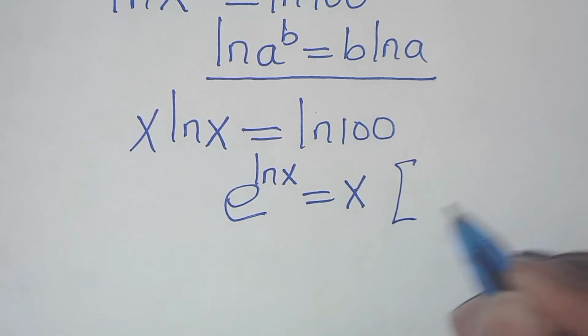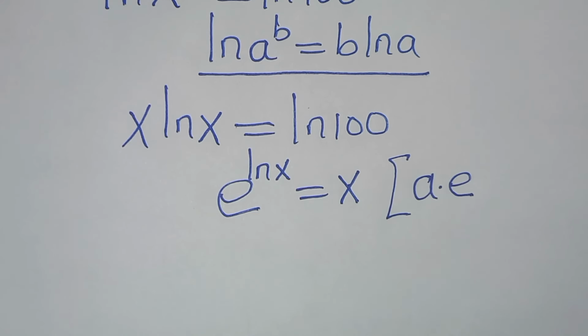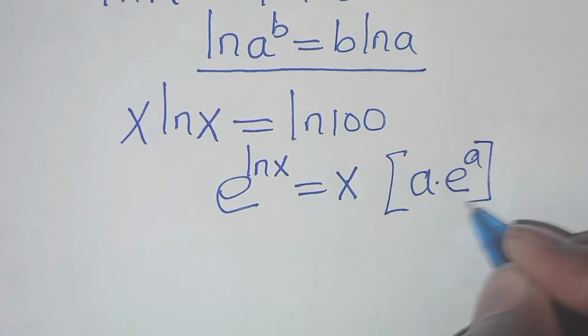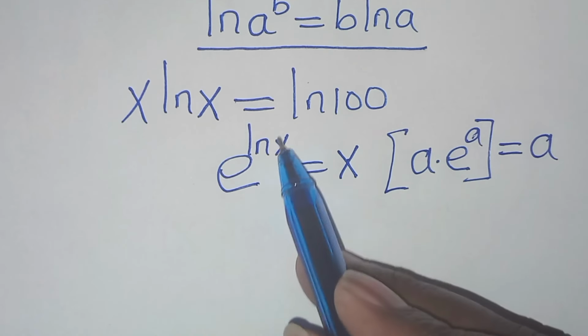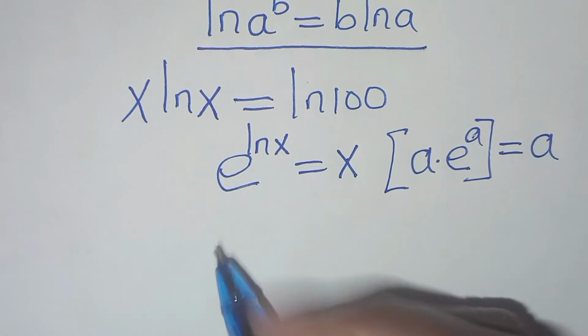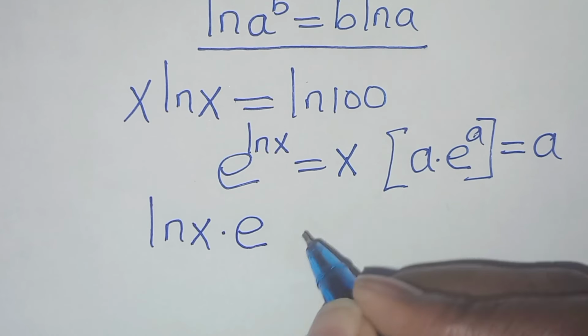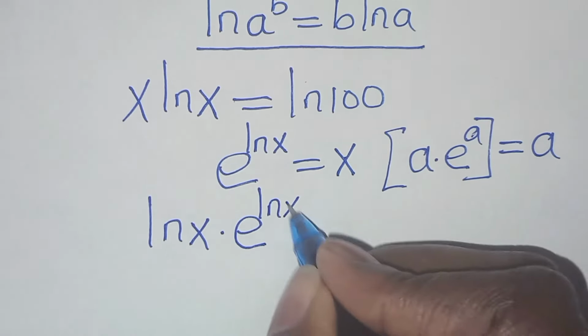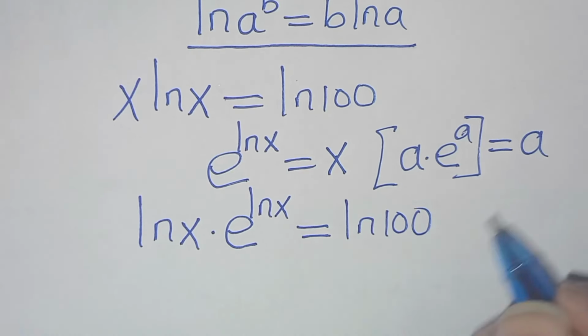Now, if we have a multiplied by the exponent e to the power of a, this is the same thing as a. Now, let's substitute this here so that we have ln of x multiplied by exponent e to the power of ln of x equal to ln of 100.